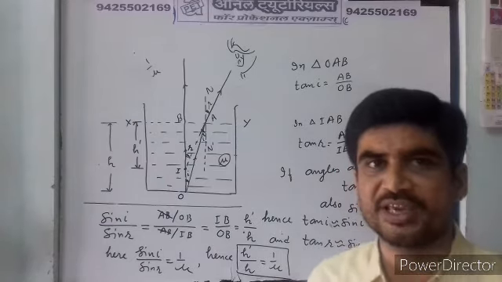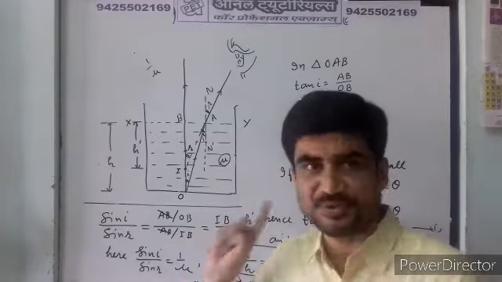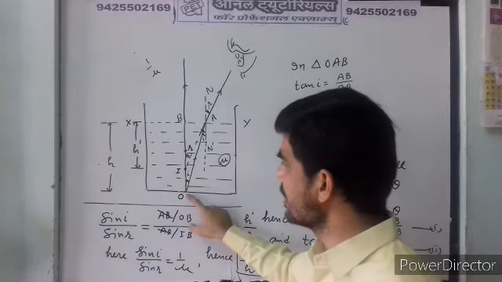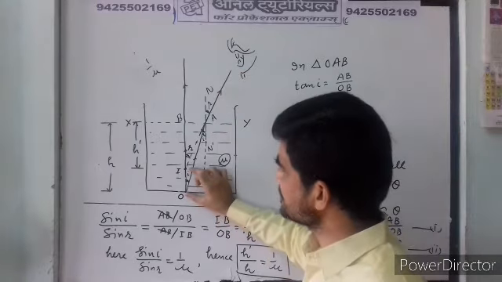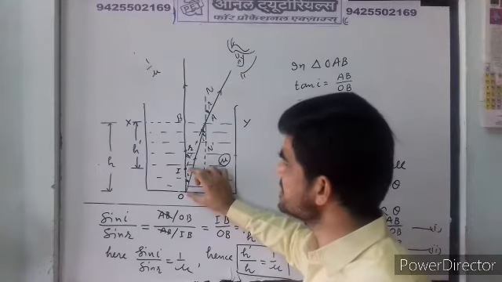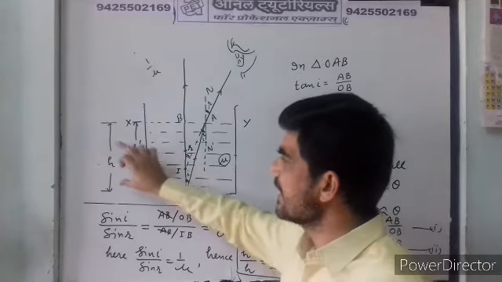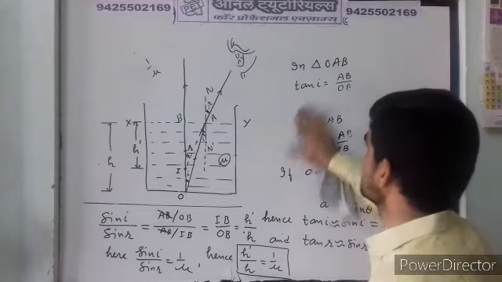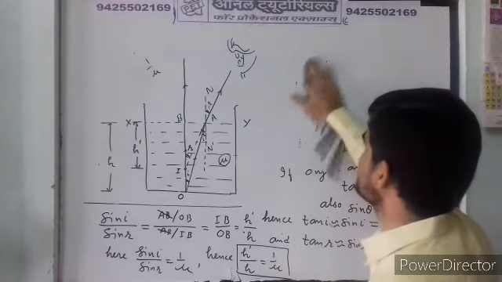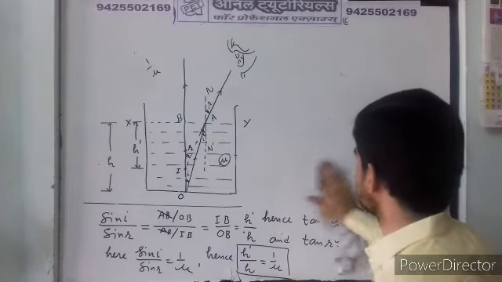Now we can get one more thing. See how much is the shift. The actual position of the object is at O, and while observing from the rarer side we got its position at I. So how much has it shifted? Just see, this much is shifted, meaning H minus H dash, that is the normal shift. So we can get how much is the normal shift, the normal displacement.